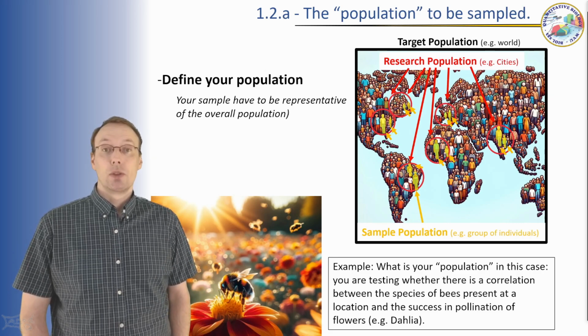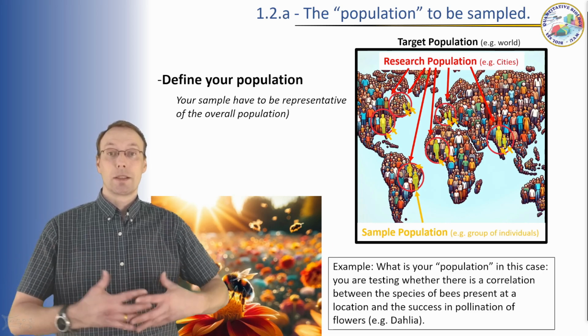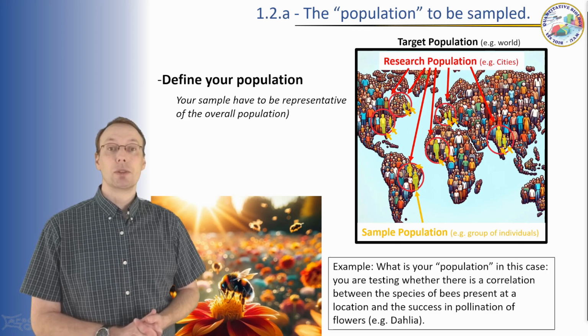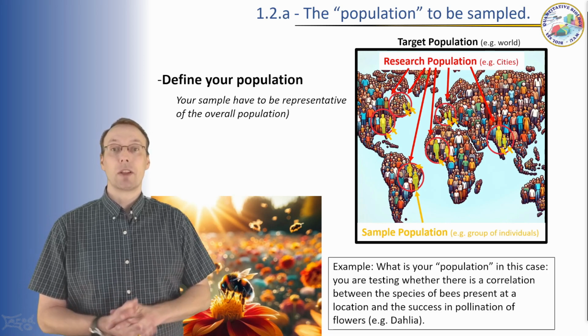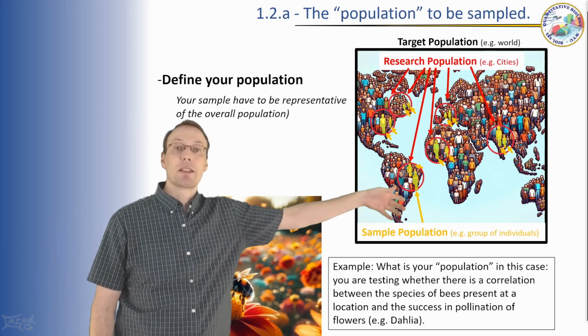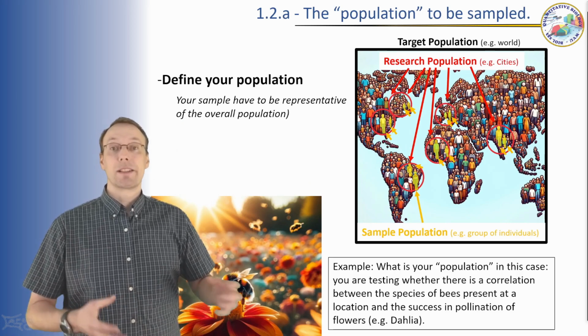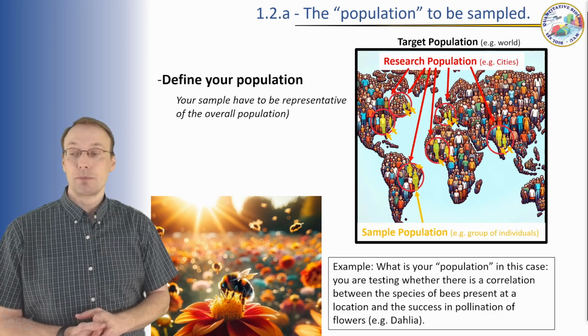And so you want some kind of random and broad sampling strategy that will allow you to do a good estimate of the whole population. So here, for the whole population, you select cities a little bit everywhere, and you will figure out some way in these cities to get a sample that avoids all the biases.